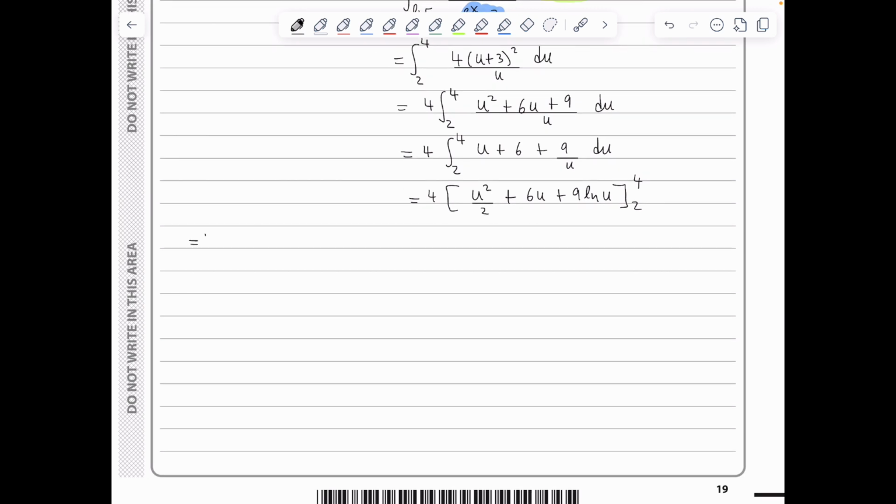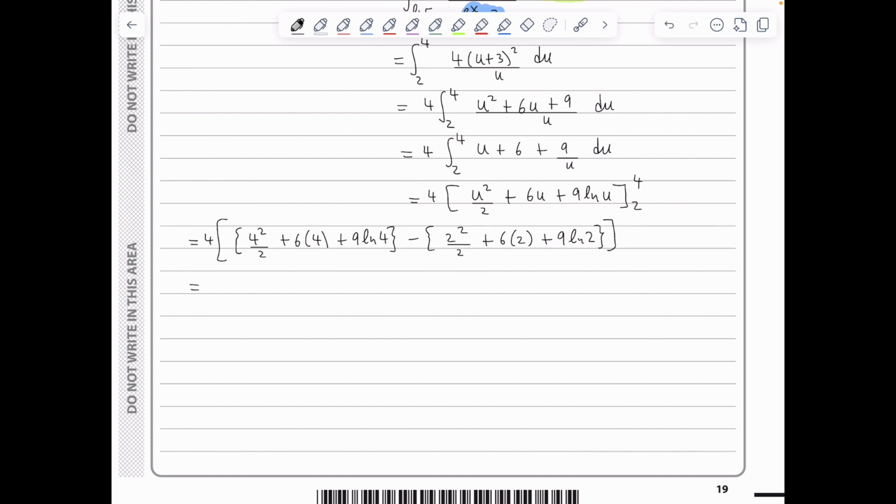So let me write the 4 outside, and we've got 4 squared over 2 plus 6 times 4 plus 9 ln of 4. That's the upper limit substituted, minus the lower limit, which is 2 squared over 2 plus 6 times 2 plus 9 ln 2. Let's close the brackets here, and let's proceed with simplifying.